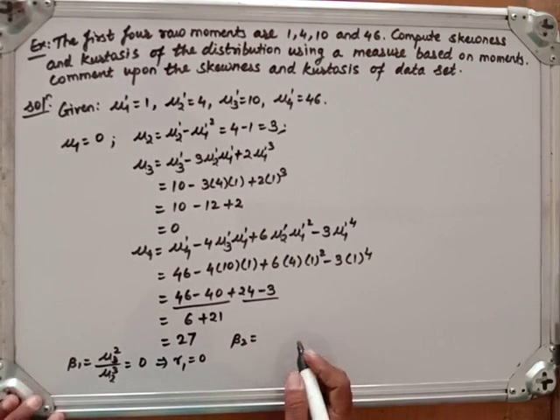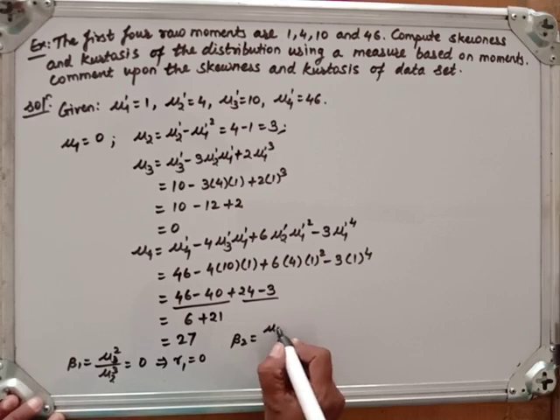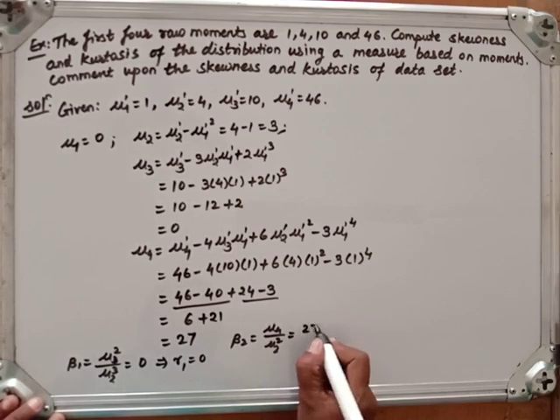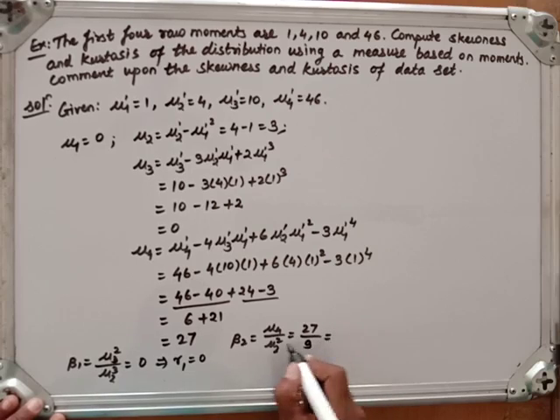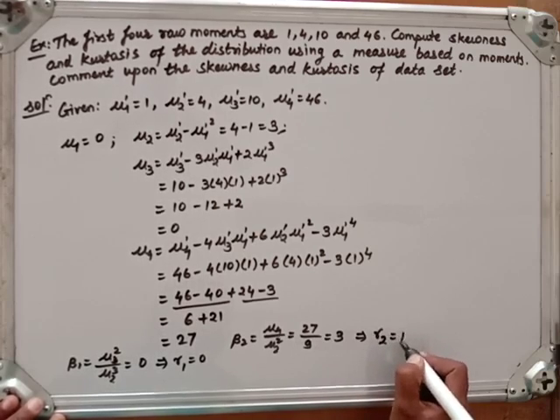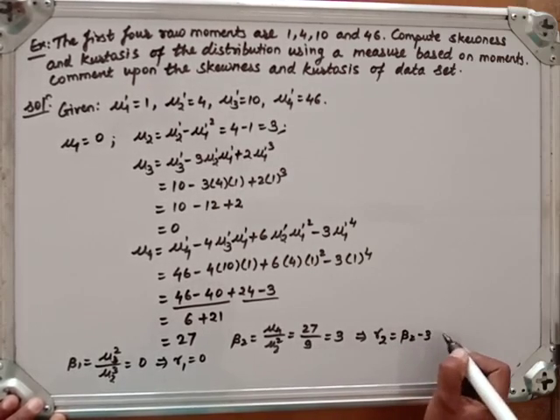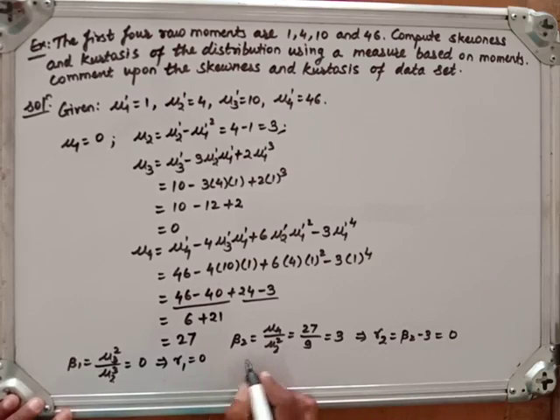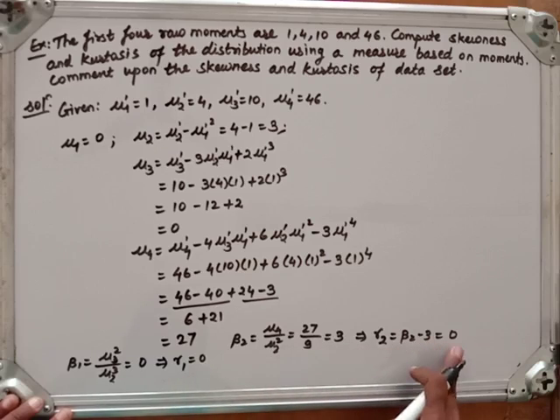Beta 2 is mu4 upon mu2 square. So mu4 is 27 upon mu2 square will be 9. So it is 3. So that gives gamma 2 is beta 2 minus 3. That is 0. So what does this say? Beta 1 is 0. That's why gamma 1 is 0 and gamma 2 is also 0. Gamma 1 0 means the distribution is symmetric and gamma 2 0 means the distribution is mesokurtic.